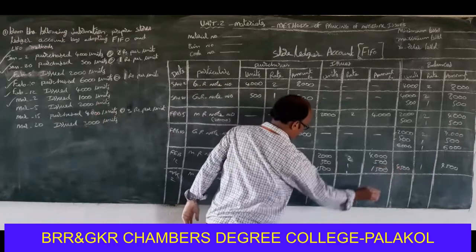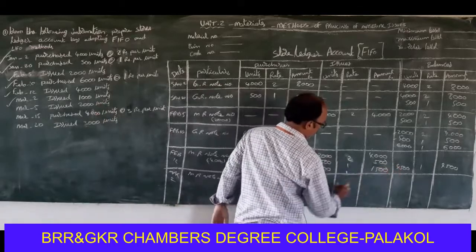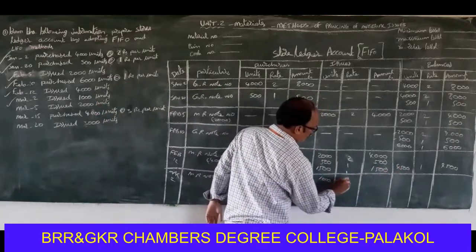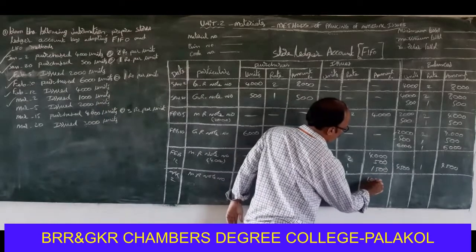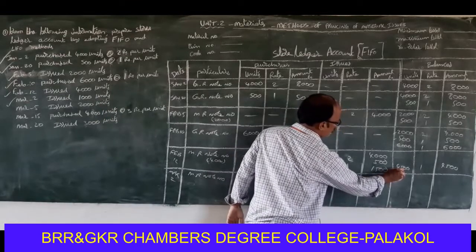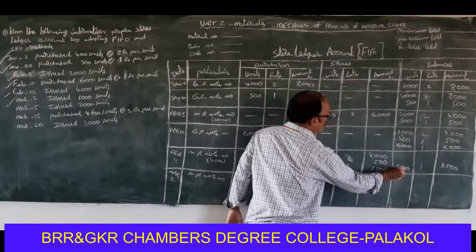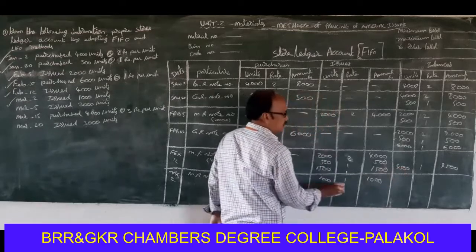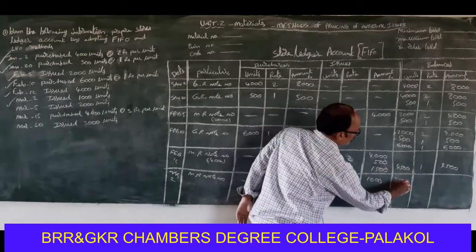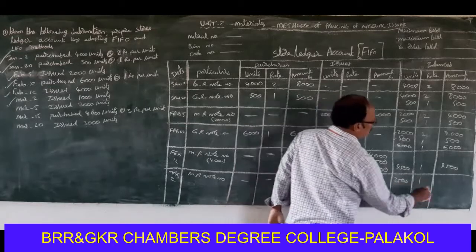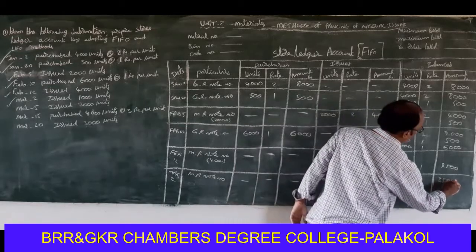Only one transaction is there, so there is no problem. From this we issued 1,000 units. That's why 4,500 minus 1,000 is equal to 3,500.